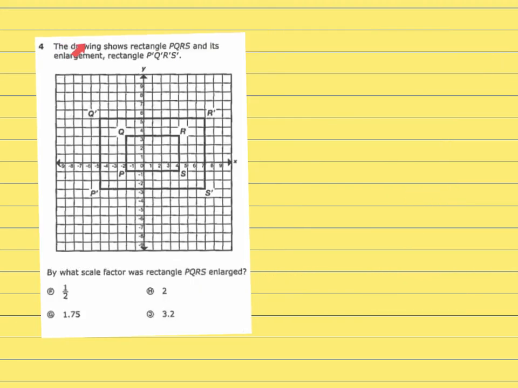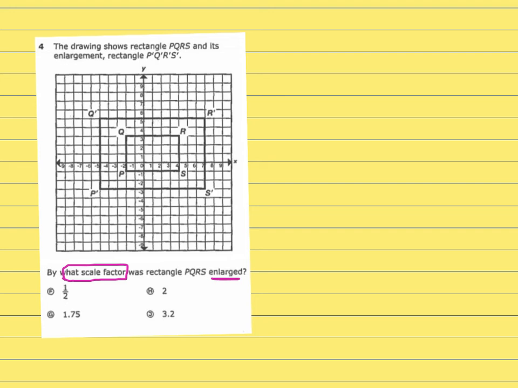Question number 4 says the drawing shows rectangle PQRS and its enlargement, rectangle PQRS prime. So PQRS is this small rectangle in the center. That's my original image. And it wants to know at the bottom, by what scale factor was the original image enlarged by?